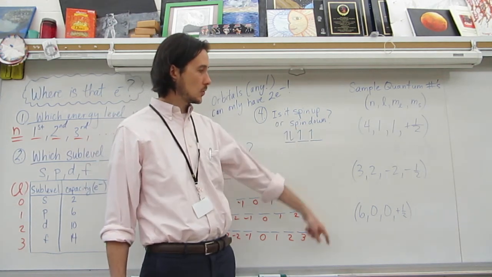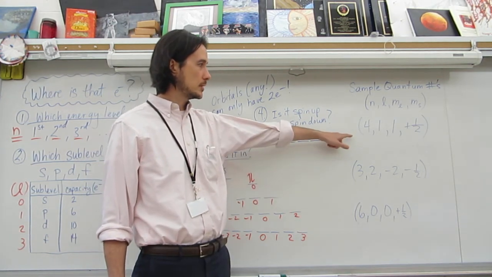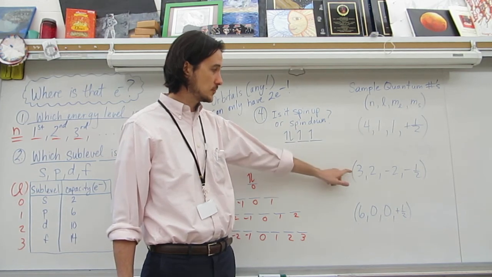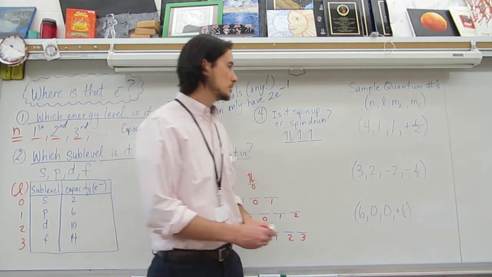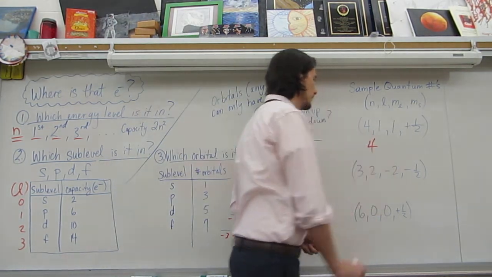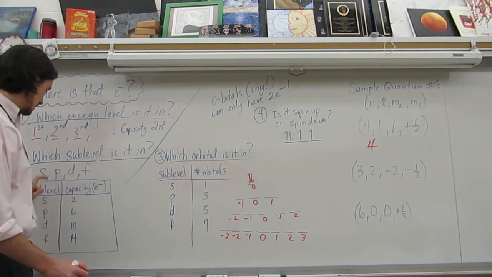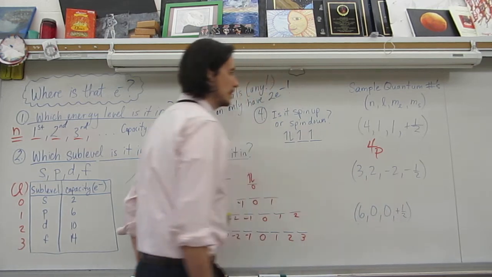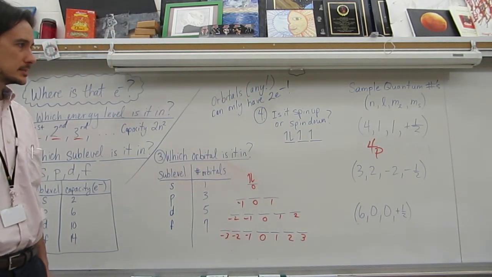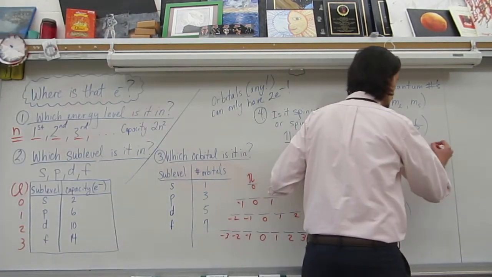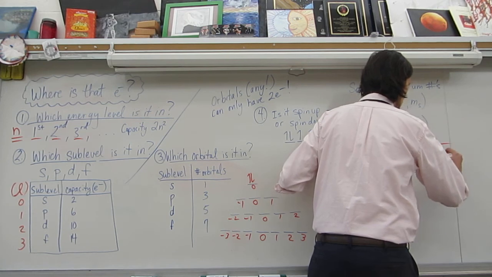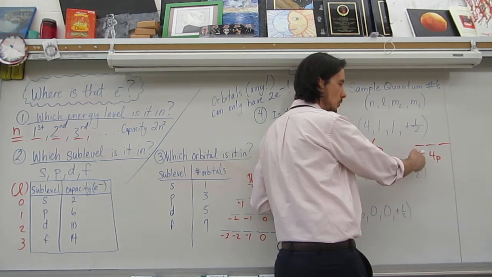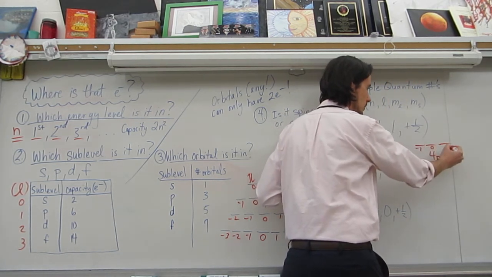So I'm going to draw quick orbital diagrams to show what we're talking about with each of these sets of quantum numbers. This is 4, and the next value is 1, which is a P. So I'm going to draw an orbital diagram for the 4P. I go -1, 0, and 1.